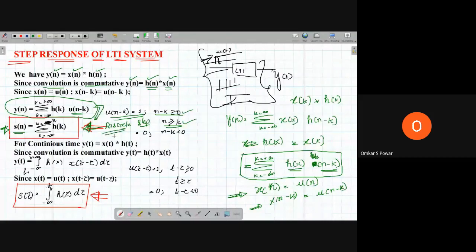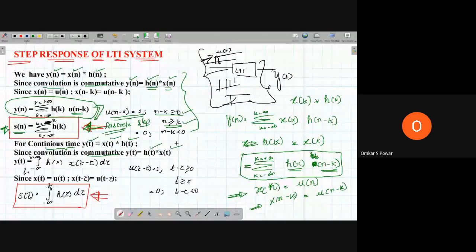What is the step response for continuous time? For continuous time, we have the same thing. Derivation, everything is the same here. If you see, y of t is equal to x of t convolution h of t. We know that convolution is commutative. This means we can exchange h of t and x of t.